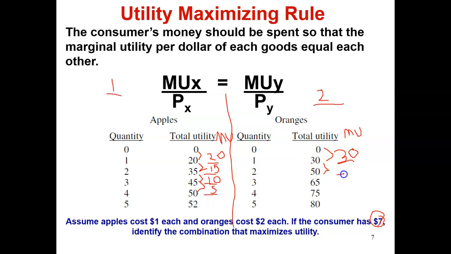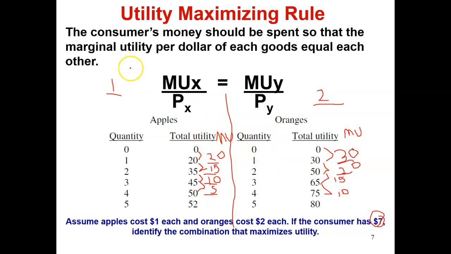This will be 20. This will be 15. I'm sorry. Yeah, it is 15. Okay, it's really hard to draw these numbers neatly. And this is going to be 10. All right, and I'm not going to do the last two, but you get the idea of how you would create the data of marginal utility.